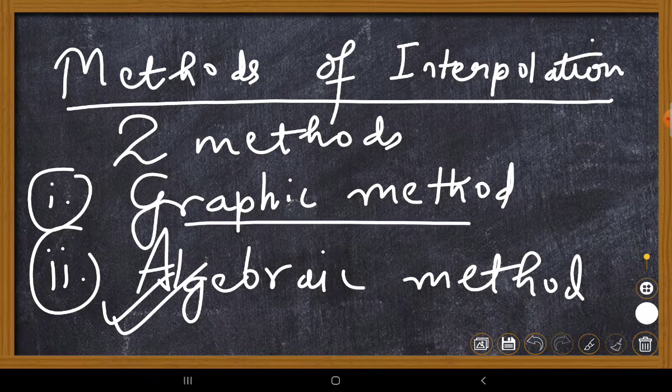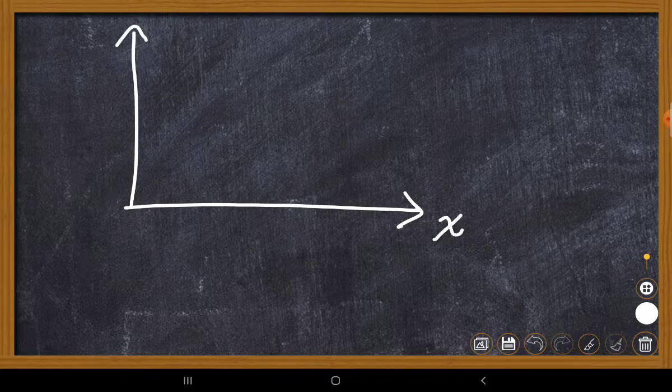The graphical method is not required for you to learn in the syllabus, but I'll just try to explain a little bit. Suppose you have a graph. Suppose this is your x-axis and this is your y-axis defined by a function f(x).